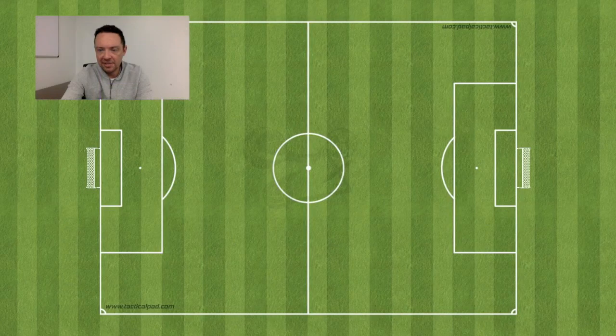In essence, we use build-up play to have an expansive shape, to move the opposition and to score goals. Very, very simple. So what this looks like in theory, because it's all simple in theory, when we put our team together in this shape, it's just a traditional 4-3-3, and when we work on patterns or concepts with our team, it's generally around starting on one side, shifting the opposition, and then using the ball to move the opposition.